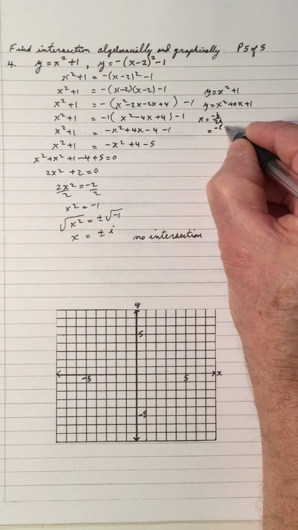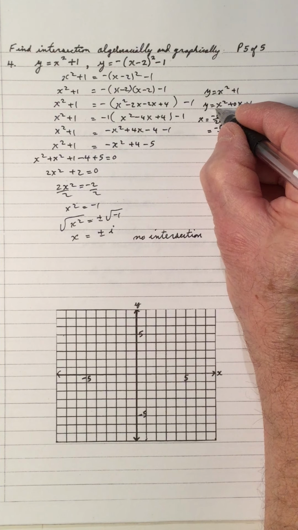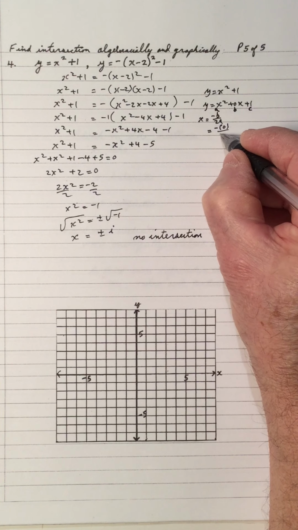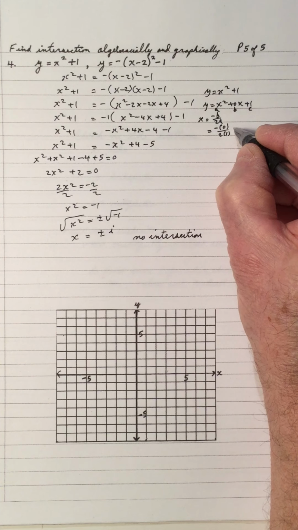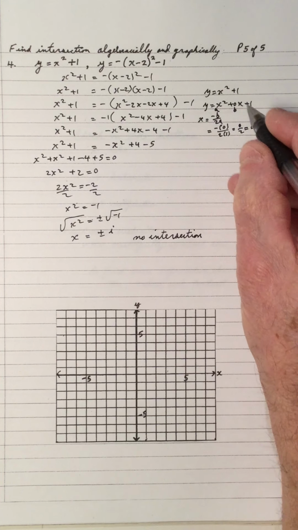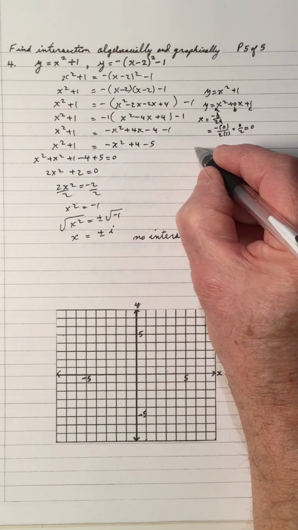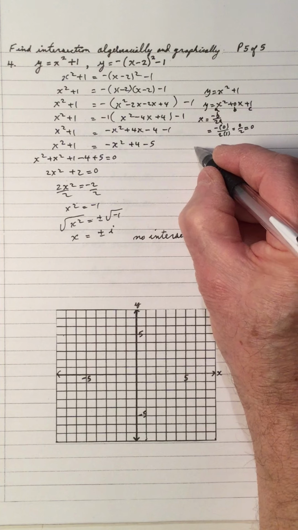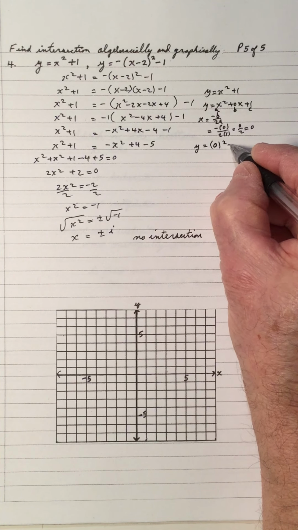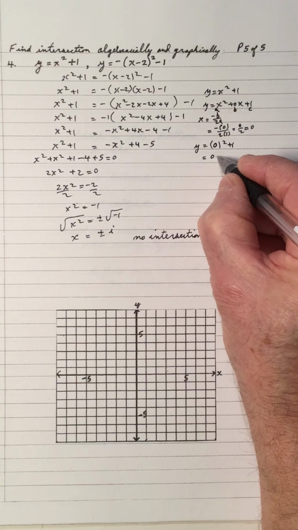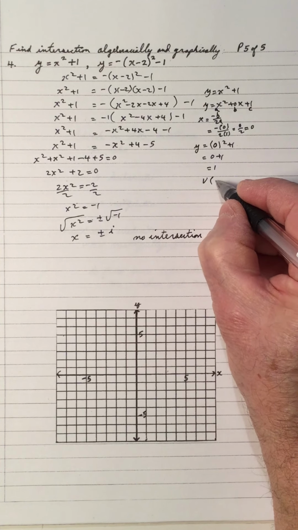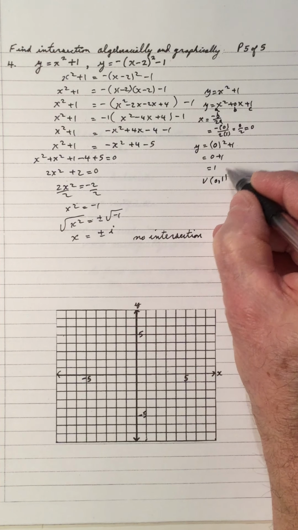So that's the negative of 0, over a is 1, b is 0, c is 1, 2 times 1, so that's 0 over 2, which is 0. So the x-coordinate of the vertex is 0. So I'm going to sub 0 into the equation, and I get 0 plus 1 is 1. So the vertex is (0, 1).